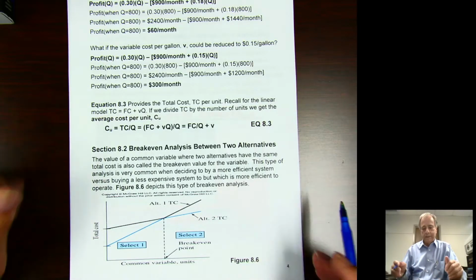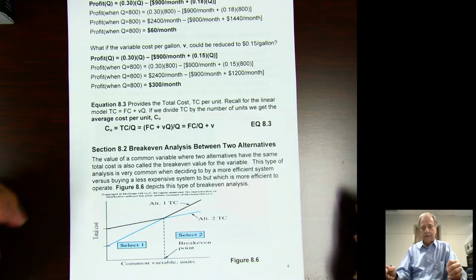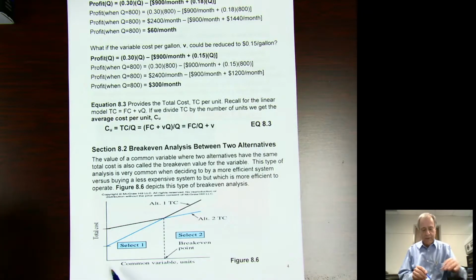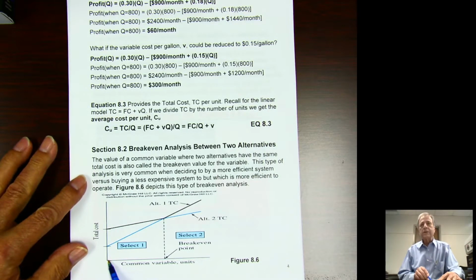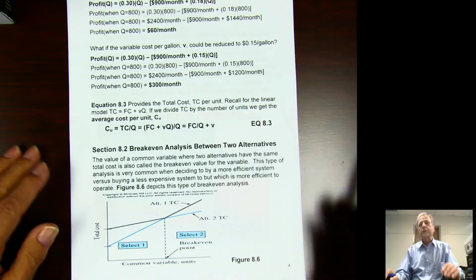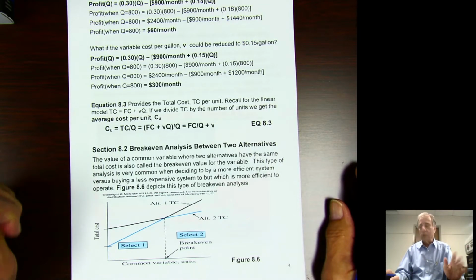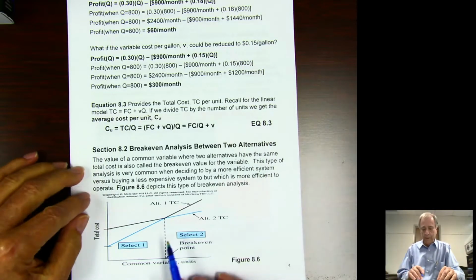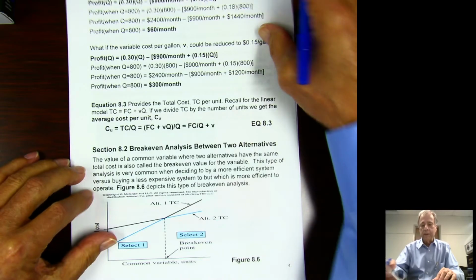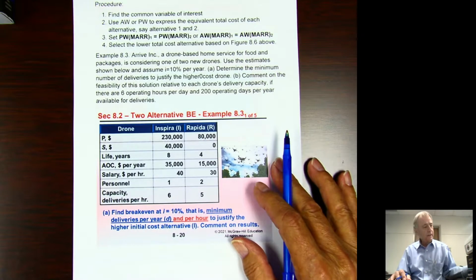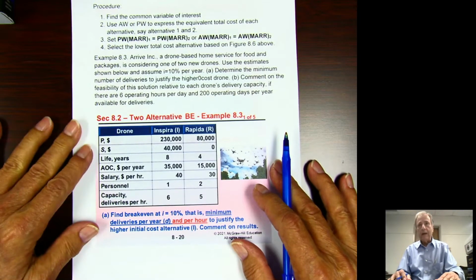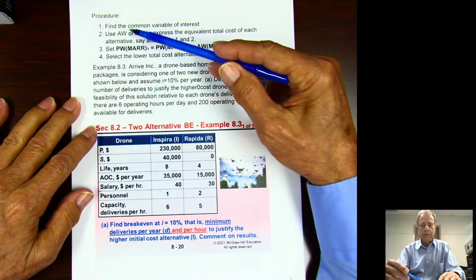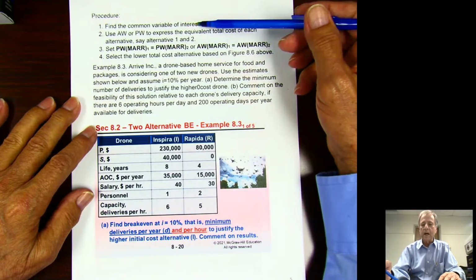So the concept is exactly the same, except when you're dealing with revenue and cost, revenue always starts at 0, 0, at least for a linear revenue function. So this is the section we're going to deal with now, and the author outlines a procedure for you, and the procedure starts with finding the common variable of interest.